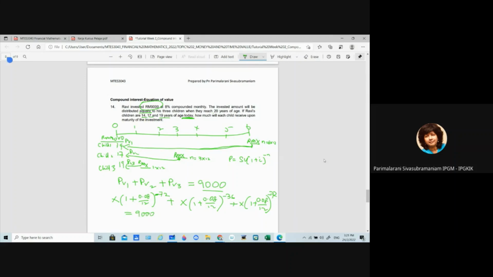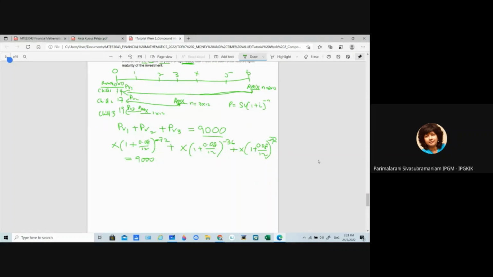If you write a little bit smaller, we can write one sentence. So from here we know that X times 0.92, you calculate later, plus X times 0.787245 plus X times 0.619755 equals 9,000.